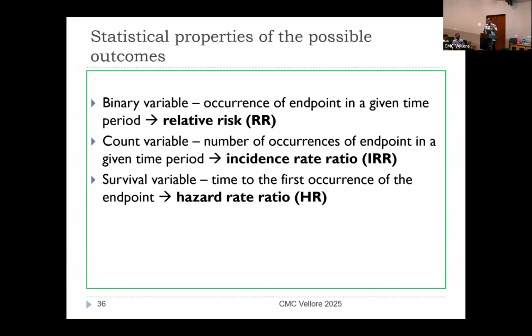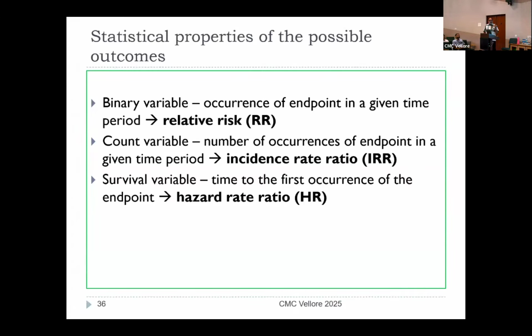And we'll talk more tomorrow about what hazard is, but it's related to that incidence rate, though it is a different theoretical way of looking at it. We calculate the hazard rate in one arm, and we calculate the hazard rate in the other arm.